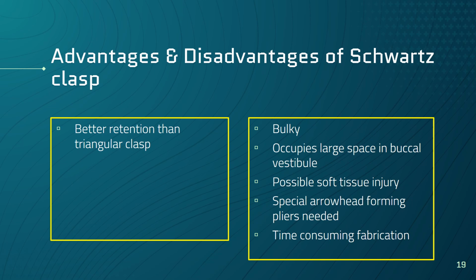This is because it usually has multiple arrowheads, meaning it can engage more than one interproximal undercut area. Now the disadvantage is the clasp is bulky, it occupies a large space in the buccal vestibule, and because it's bulky there is a possibility of soft tissue injury, and you need special arrowhead forming pliers to fabricate this clasp, and the fabrication can be a time consuming exercise.